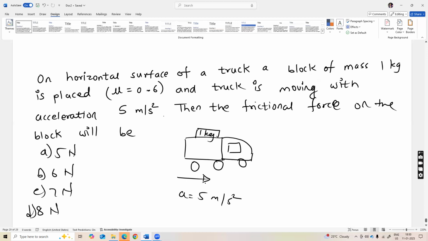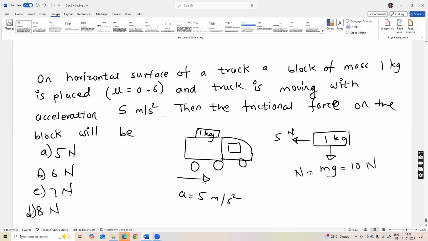Okay, so if you see this, let's say this is the 1 kg mass we have. Since the truck is moving, this object is also moving with acceleration 5 meter per second square. If we apply pseudo force, it will become ma, so 5 Newton pseudo force is acting in the left direction. Normal reaction is equal to mg, which is 10 Newton.